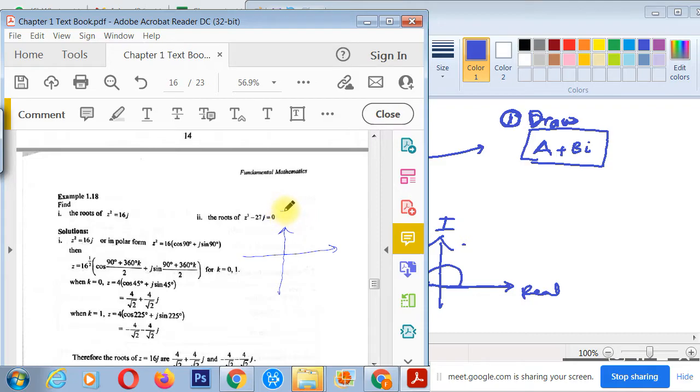This is the imaginary part, this is the real part. This is negative, this is positive. So 16j is here, which is 0 plus 16j. That's why here we get 90 degree.